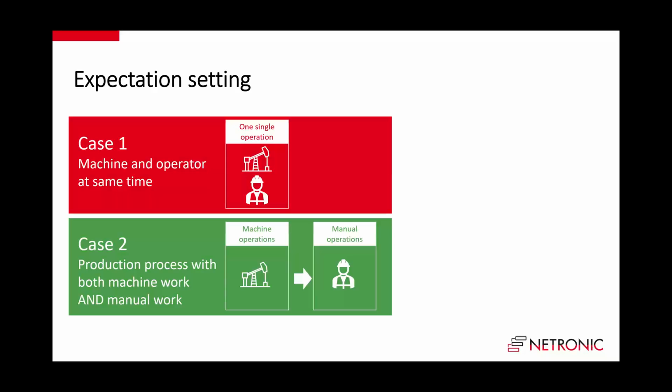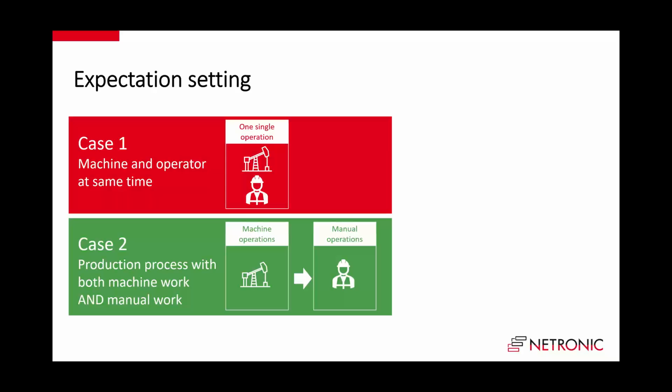And then the second case is that we actually have a production flow where parts of the production flow are very machine centric. So where we have what I would call the machine operations. And typically most of the customers that I meet, this is the first part. So it's a machining, it's a fabrication type of process where you have whatever type of machine shop within the customer, where you do some CNC work, some milling, some kind of turning, and all of these typical SMB manufacturer machining work.